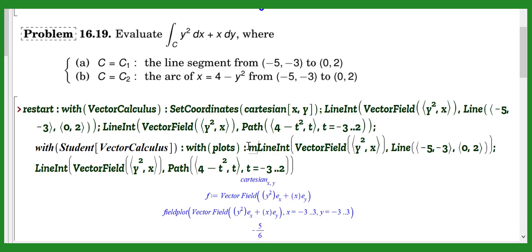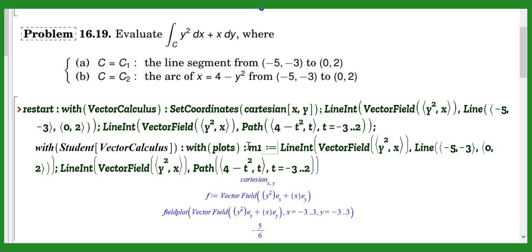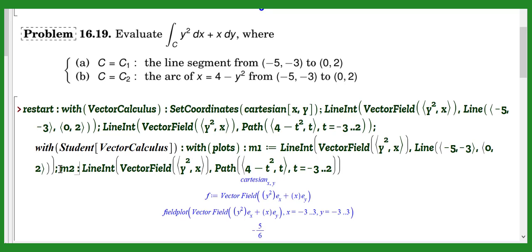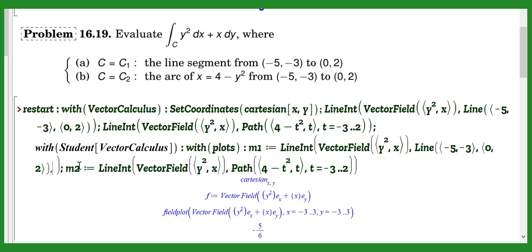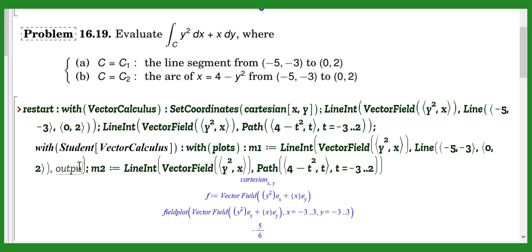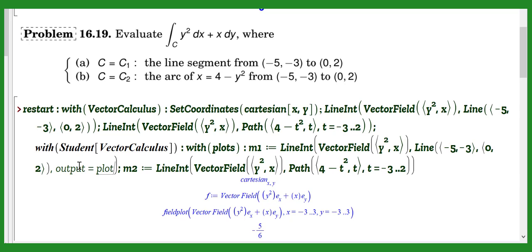Here I put the name M1 for the first one and M2 for the second, and I want to get the output for the first one and the second one also. So here I will add comma output equal to plot, and for this also comma output equal to plot.